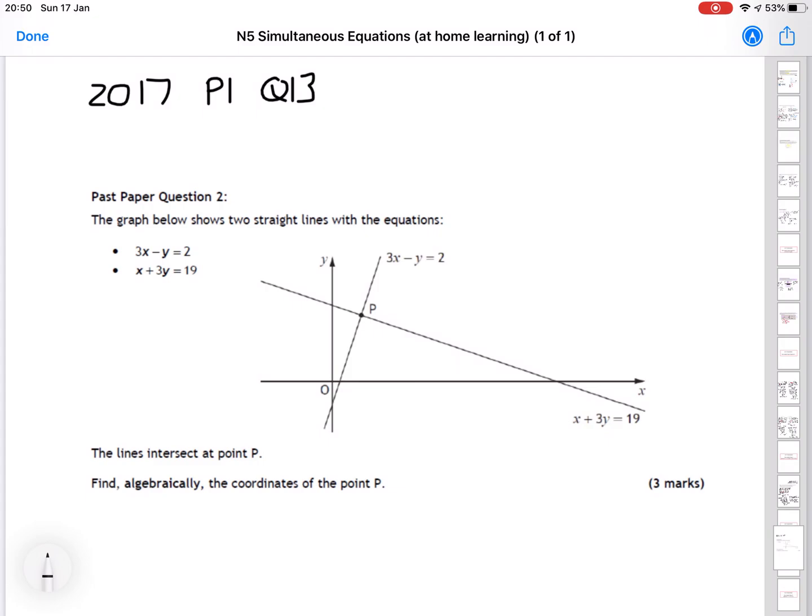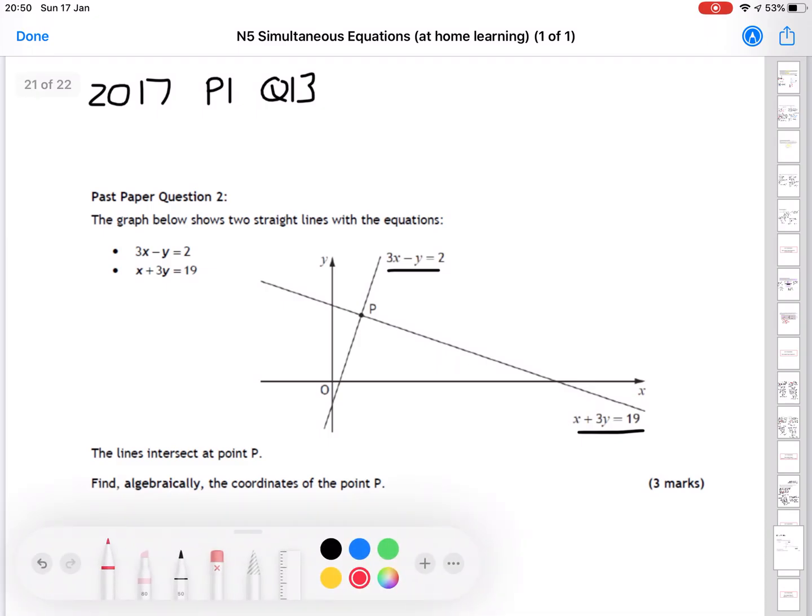So here we have a graph that shows 2 straight lines, and you're given the equation of each straight line. So you've got 3x minus y equals 2, and you've got x plus 3y equals 19. And they're both labelled on the picture for you there, so you know which one is which. So you're told the lines intersect at point P, and you're asked to find algebraically the coordinate of P.